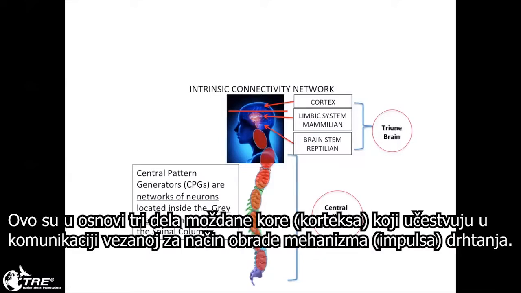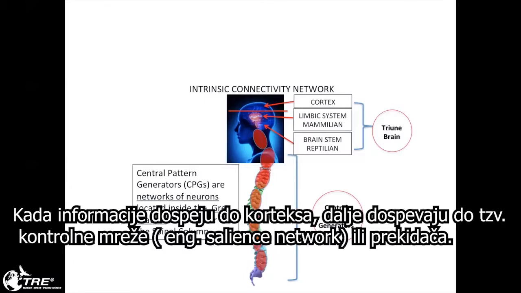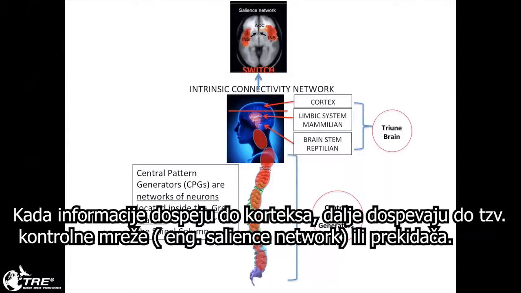Basically, this is three parts of the cortex that are involved in the communication of how to process the tremor mechanism. So once the information gets to the cortex, it goes into what's called the salience network, or the switch.